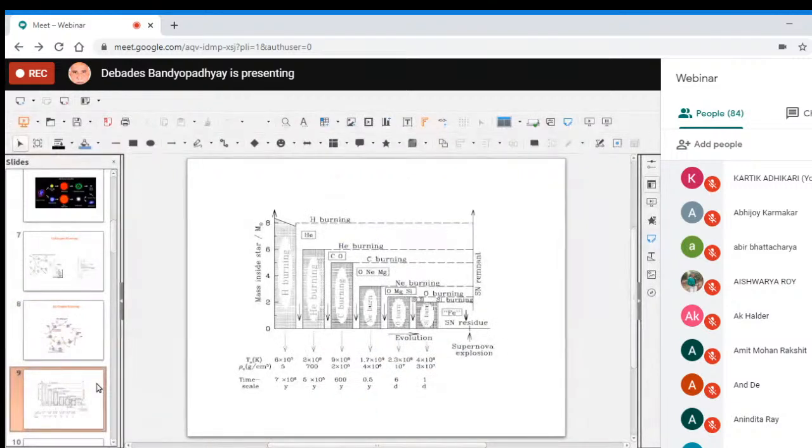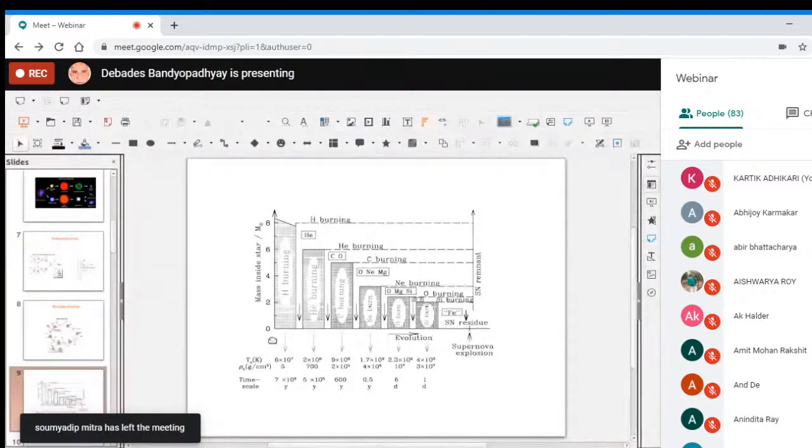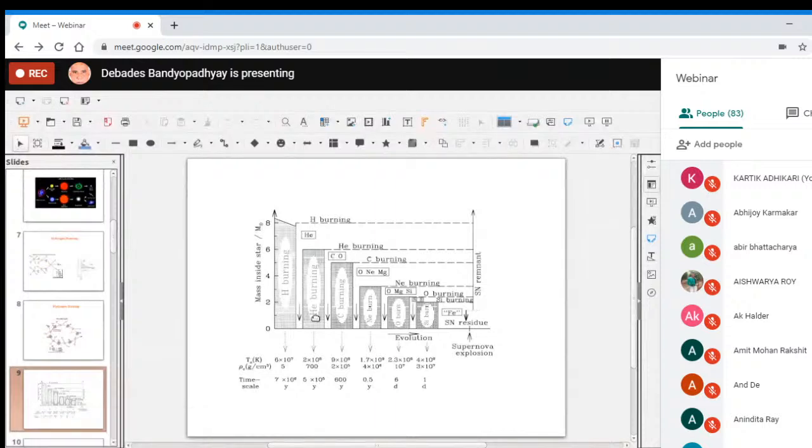Now, in this diagram, the various stages of the burning process are shown pictorially: hydrogen, helium, carbon, neon, oxygen, silicon. And after each burning is over, there is an arrow.